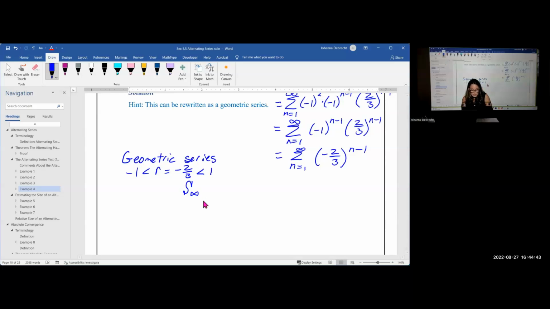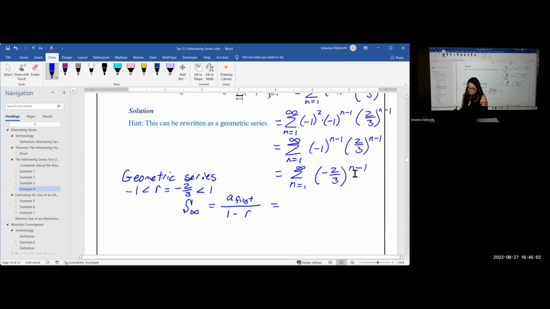So we can go ahead and write down what S infinity turns out to be. Even though it looks alternating at first, and in fact it is alternating, it's an alternating geometric series, so I'm able to get the true value of the infinite series, or the limit of the sequence of partial sums. And what would a first be? When n is 1, 1 minus 1 gives me 0. (-2/3) to the 0 gives me 1 for a first. Then 1 minus r, and r is -2/3.